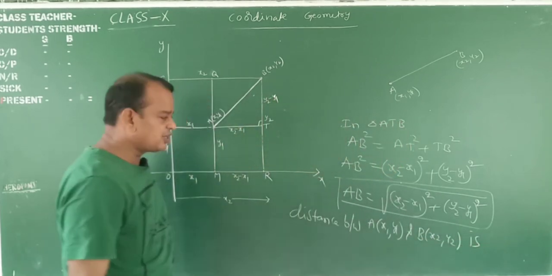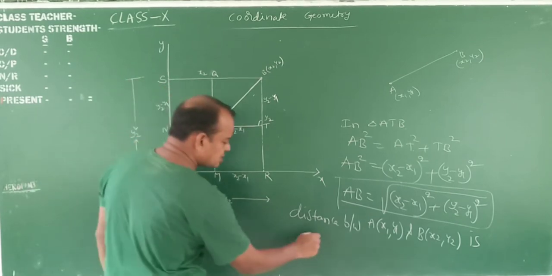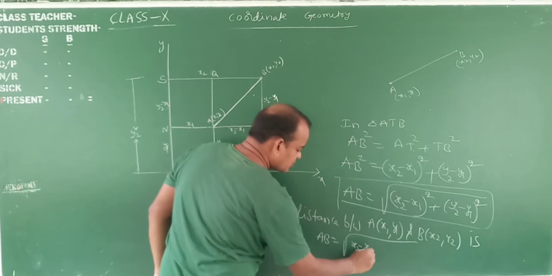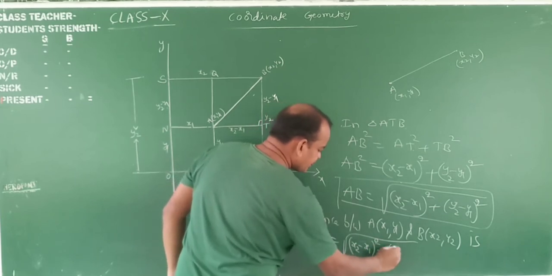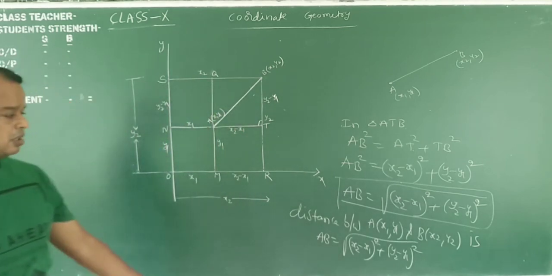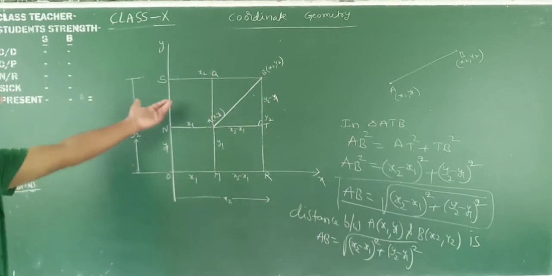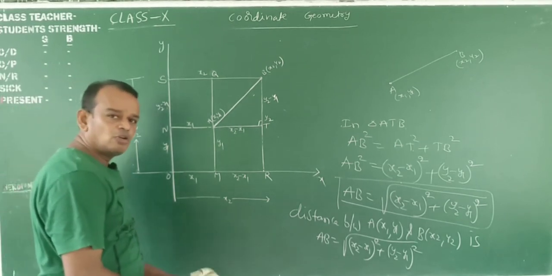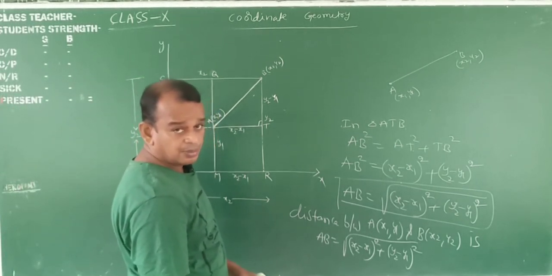The distance between A(X1, Y1) and B(X2, Y2) is AB equal to root over (X2 minus X1) whole square plus (Y2 minus Y1) whole square. That is why we will do the problems. This is a simple diagram. Okay, my dear students, I hope that you understood.